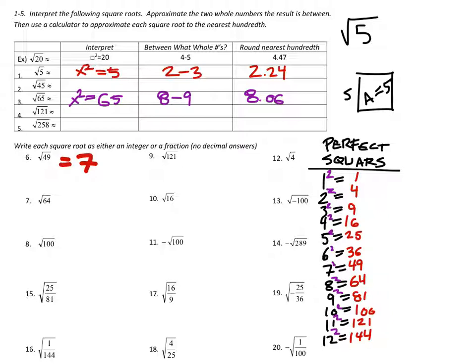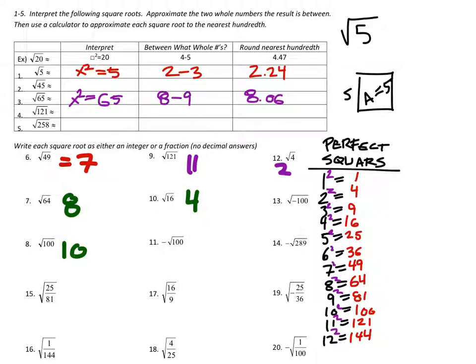Or again, if we had a square with an area of 49, the side lengths would be 7. 121 as well is on the list. That's 11 squared. 4 is 2 squared. Now these other ones that I just barely put up there, they're all on that list of perfect squares, which is why I have them.